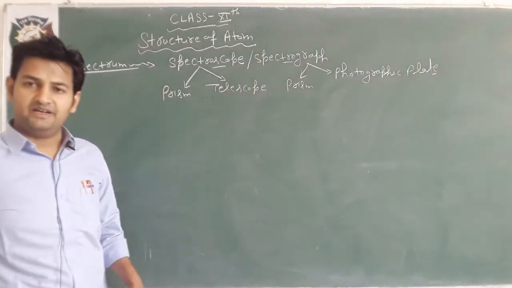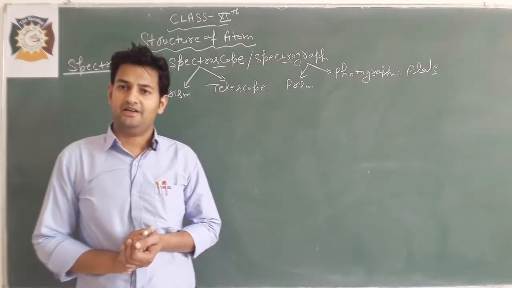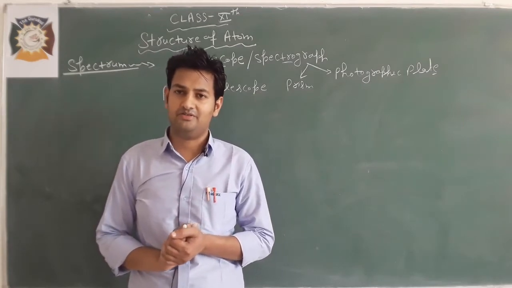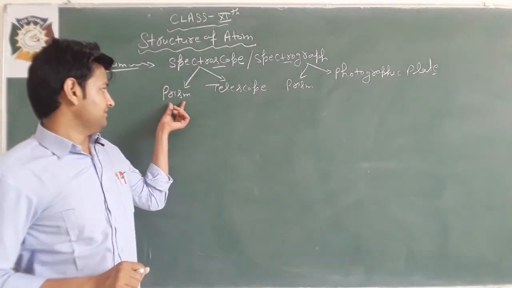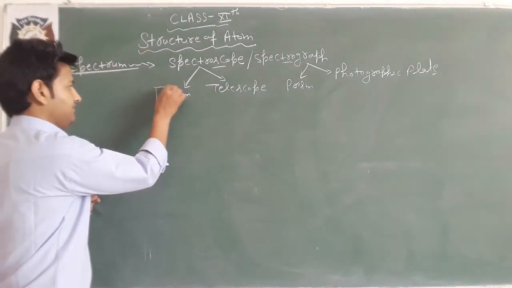In the electromagnetic spectrum, we know that different types of radiations are obtained having different wavelengths and different frequencies. These radiations can be separated into different wavelengths with the help of the prism.